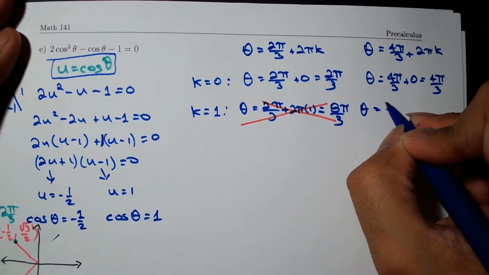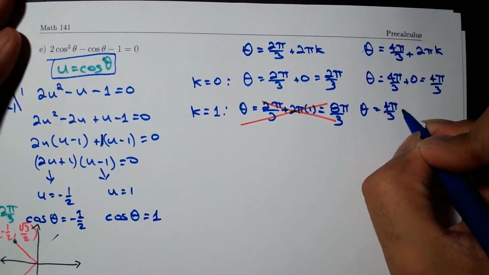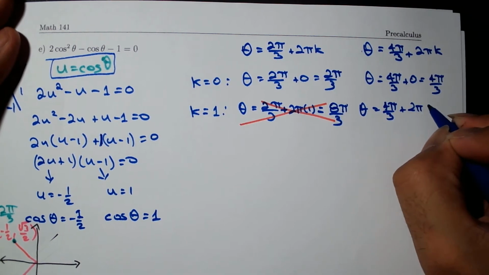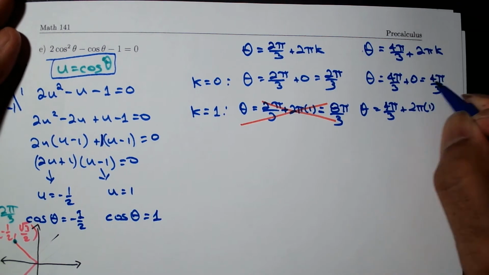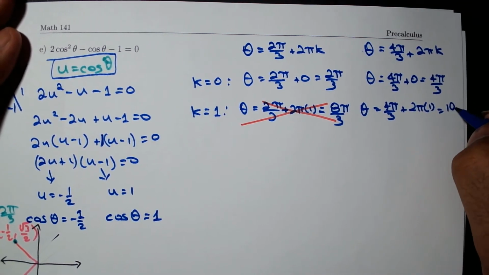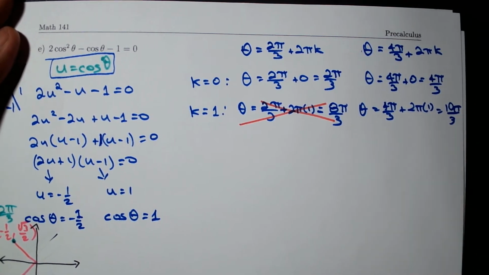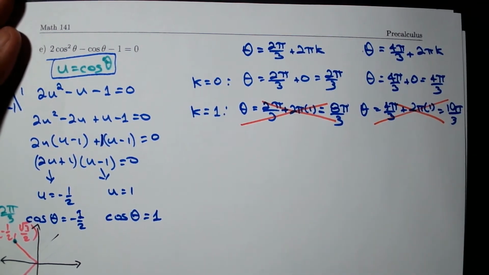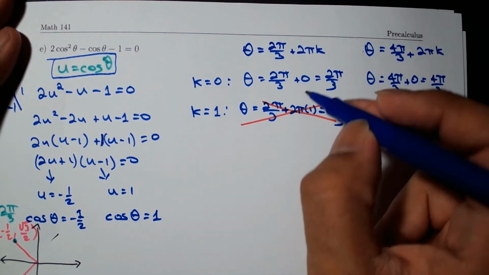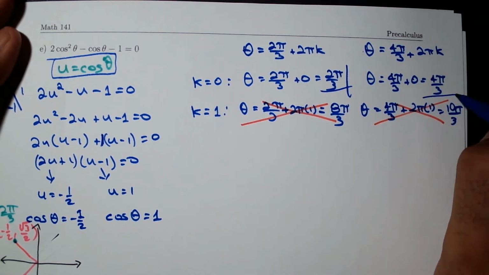Over here, 4 pi over 3 plus 2 pi. Well, add 2 pi: 2 times 3 is 6, plus 4, that's 10 pi over 3. And clearly that's also outside of the range. So far we have these two solutions, one right here and one right there.